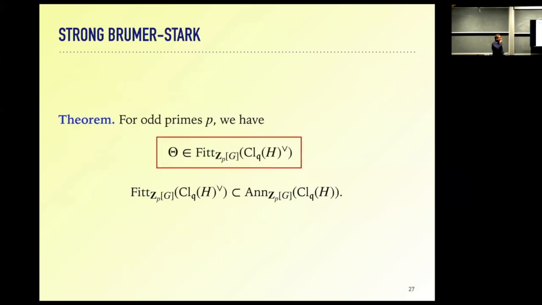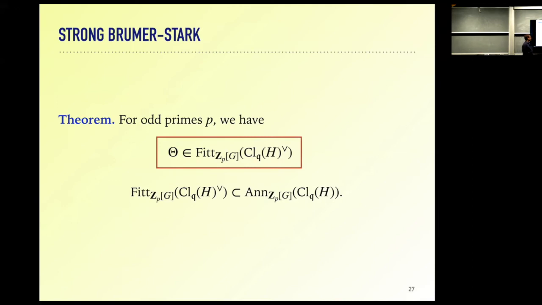Okay. Now there's a stronger refinement of this, which I again mentioned yesterday, which is that for all odd primes, you actually have that theta lies in the Fitting ideal of the dual of the class group. So again, Fitting ideal I defined yesterday, and I won't have time to do it today, but it's a generalization of an annihilator. It's an ideal contained in the annihilator. So these are both ideals of Z_p[G] that you can associate to a module, and it's a finer invariant.